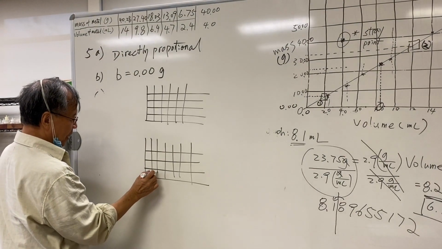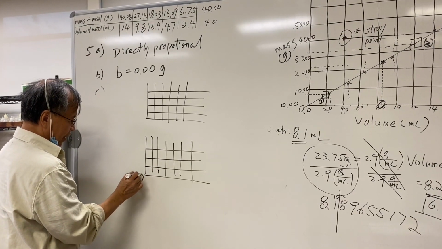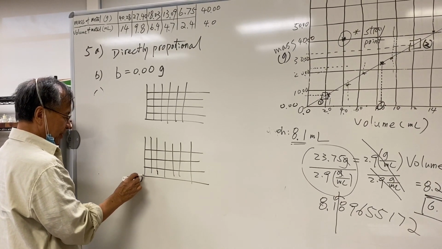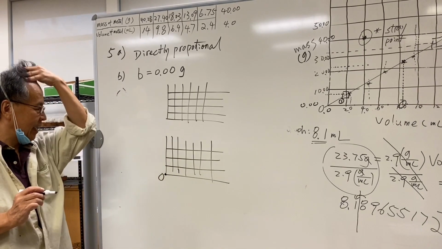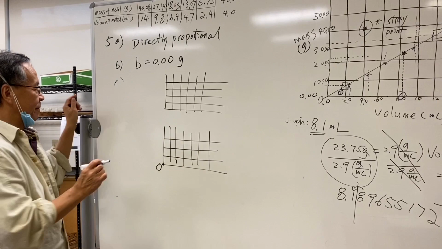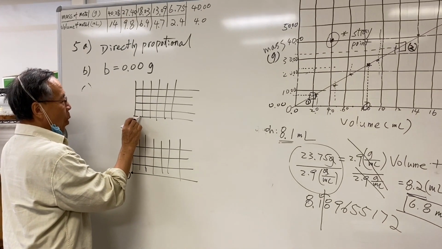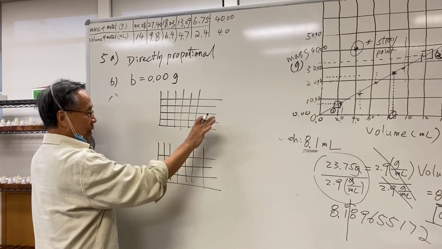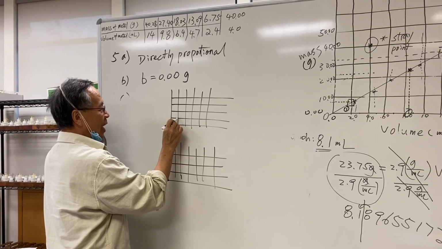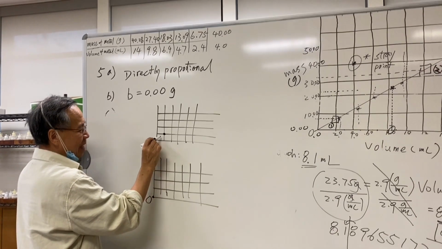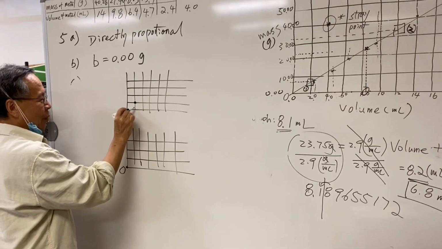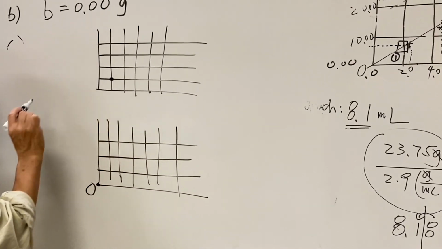Some of your professors will not use this point as the origin of the graph. They want you to move one column to the right and then one row up, use this one right here. In other words, leave some of the space for your y and then leave some of the space for your x.